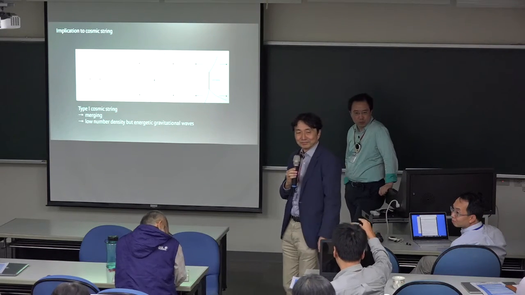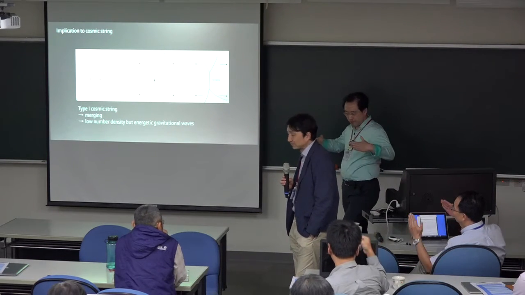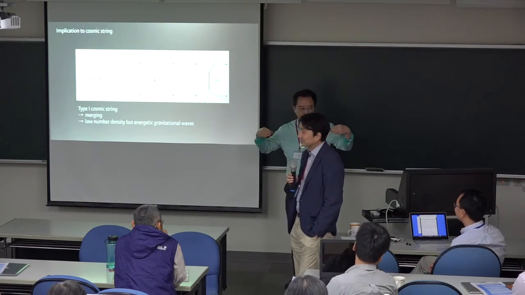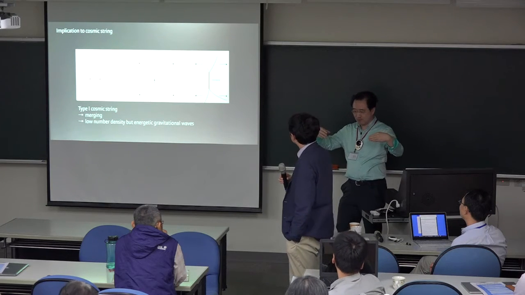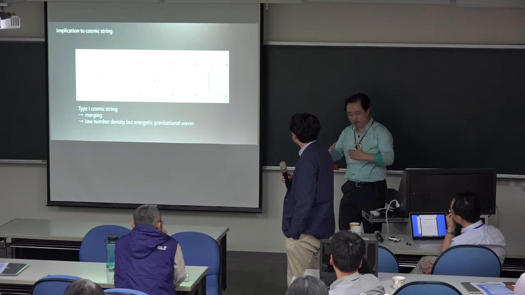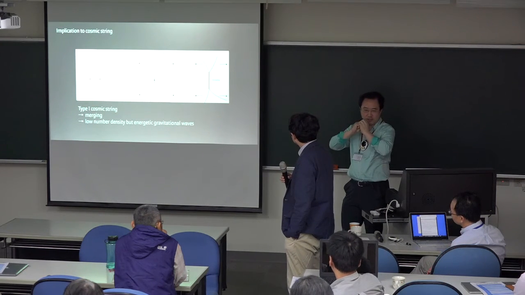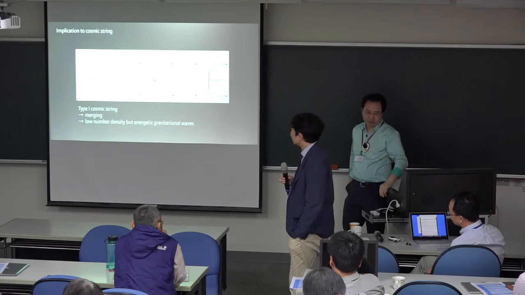You mean the gravitational wave means two black hole merger? No. If you have, for example, two strings produced and they collide, and then a cluster is made in a cosmic string, then they burst gravitational waves.